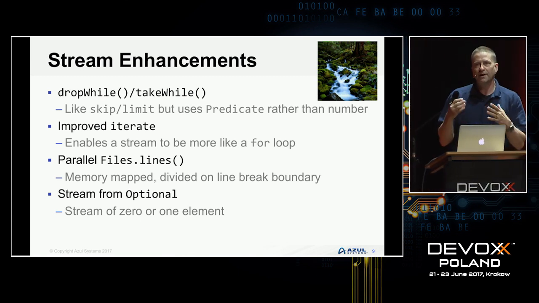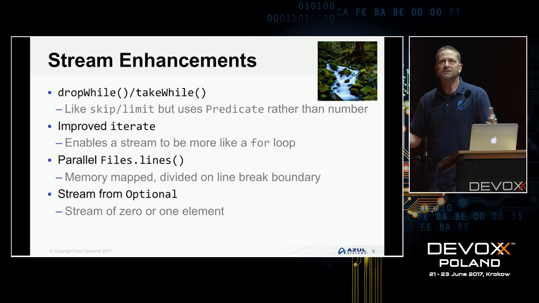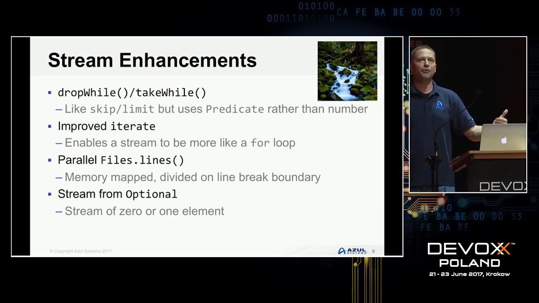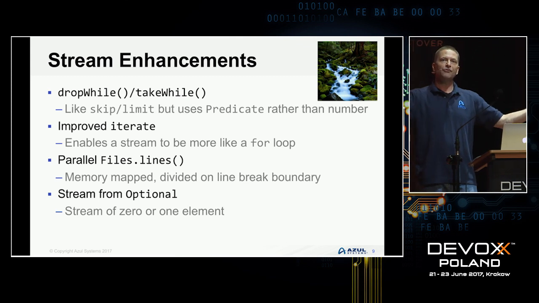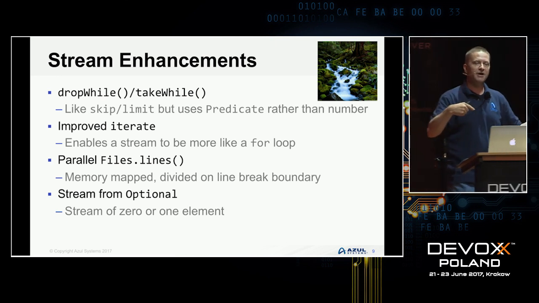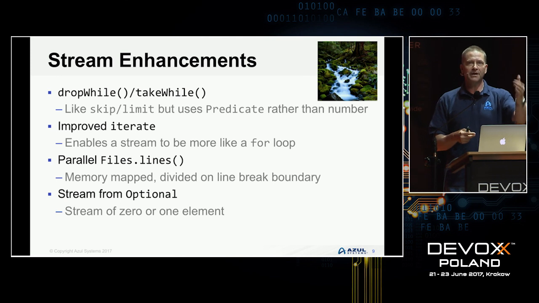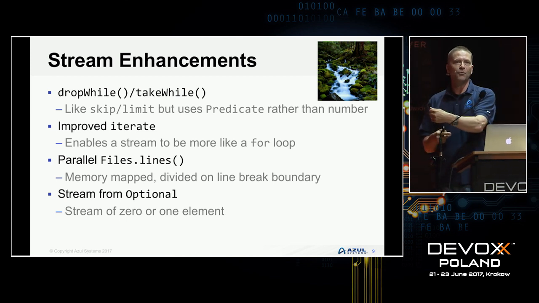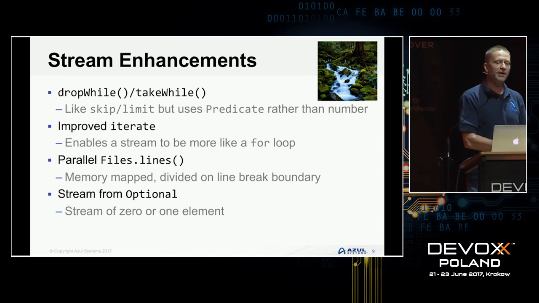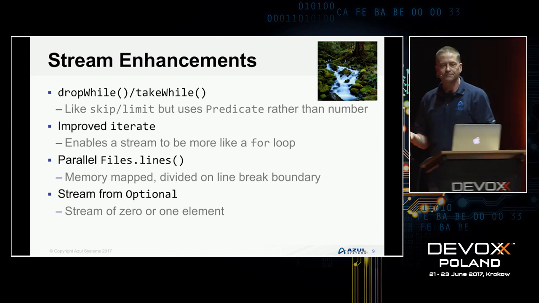By doing parallel operations on Files.lines now, the file is mapped into memory, and then the area of memory is divided up into, hopefully, roughly equal chunks based on the number of threads you have. That way, each thread can have a pointer into that area of memory and can draw the lines from that and actually process them in parallel. So you get a very big improvement in performance for that.